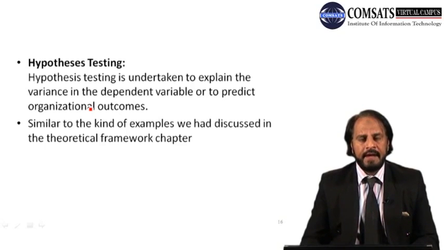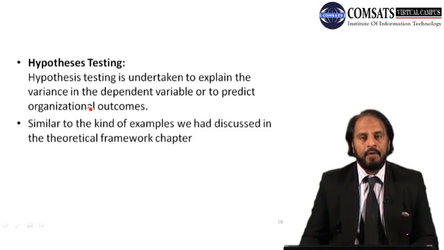The third type, which we talked about as far as the purpose of the research was concerned, is considered to be hypothesis testing. Hypothesis testing is basically undertaken to explain the variance in the dependent variable or to predict organizational outcomes.